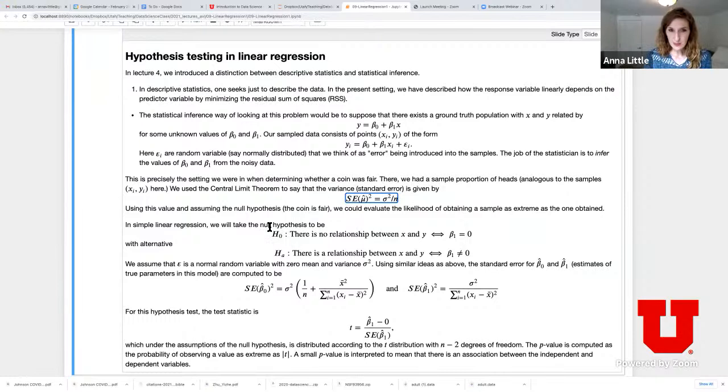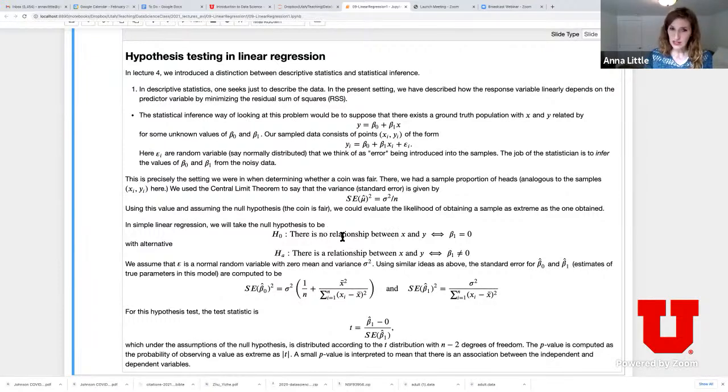And so we're doing a similar setup here. In this context, our null hypothesis is beta 1, remember, beta 1 is the slope, beta 1 equals 0. That means there is no, I think I should have said linear relationship here. I'm sorry about that. This says there is no relationship between x and y.